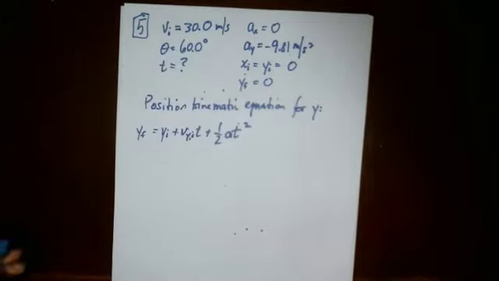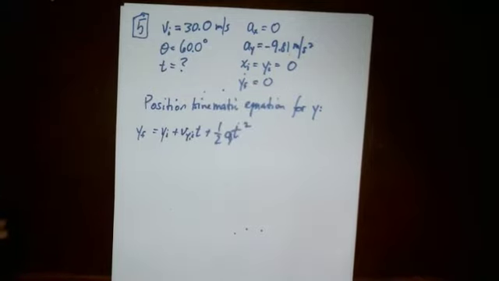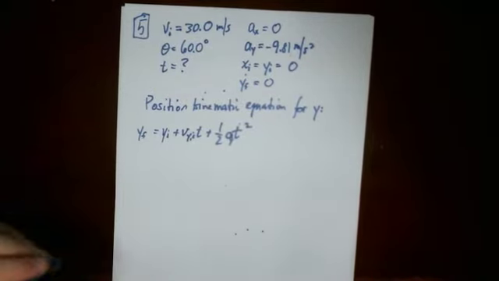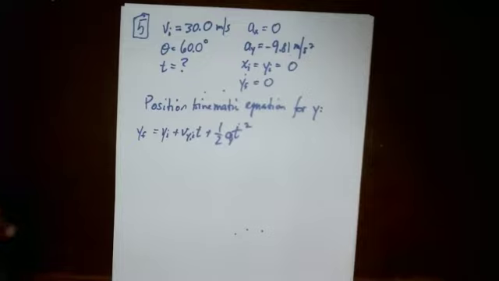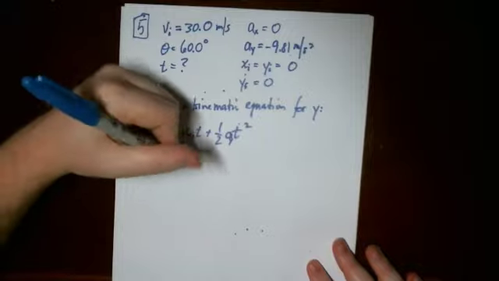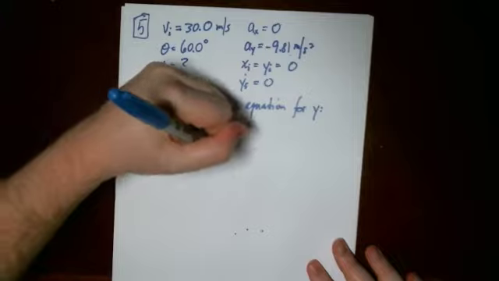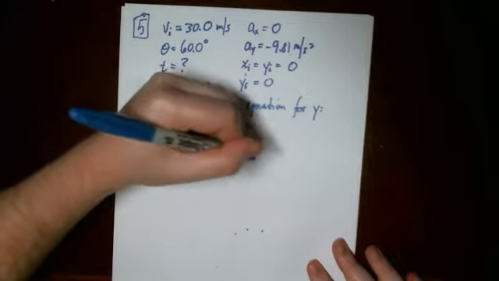I probably should write that as minus 1/2 gt squared, but we'll worry about that when we substitute. That's a subscript y, not a g. We know it starts and finishes at ground level. So 0 equals 0 plus vyi t minus 1/2 gt squared.